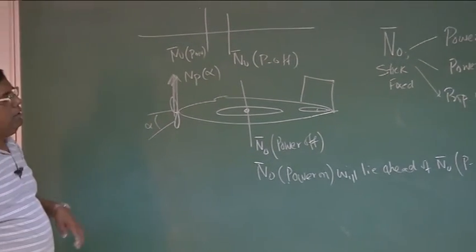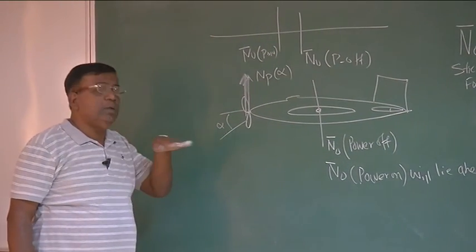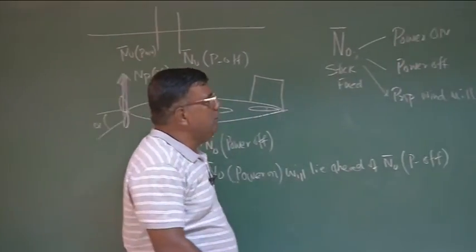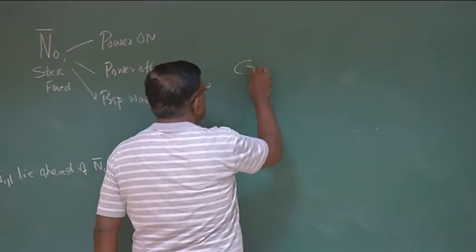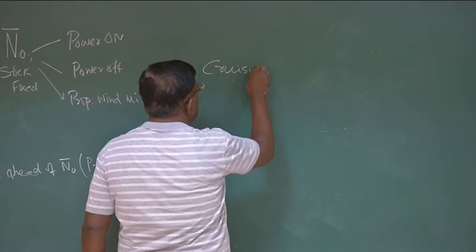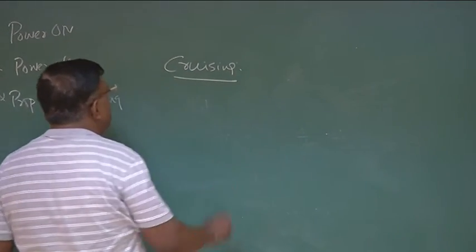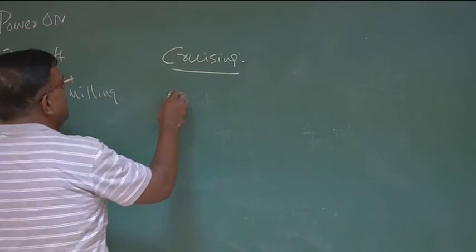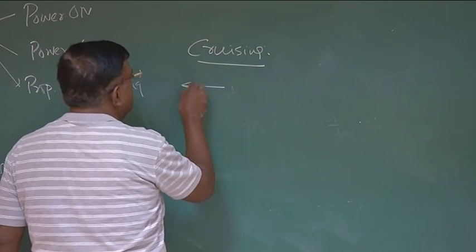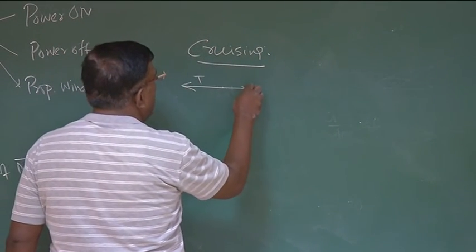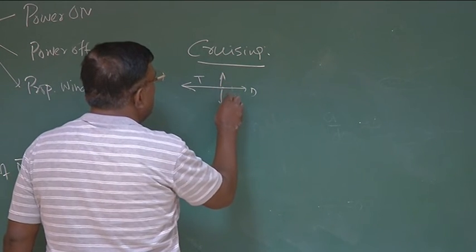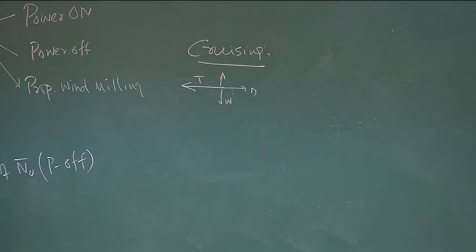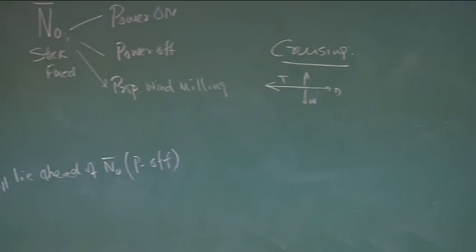Now let us see, suppose you are cruising. When you are cruising, that means you are with a thrust, there is a drag, there is a lift, there is a weight. And let's assume it is a nose mounted engine configuration.